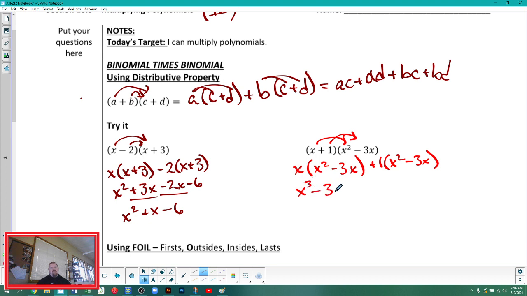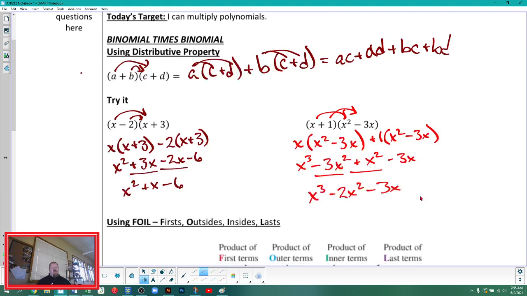X times -3x is negative 3x squared. 1 times x squared is x squared, and 1 times -3x is -3x. So these are all the terms that I get. Now I want to try to combine the like terms. Those are still right in the middle. -3 and positive 1 are going to give me -2x squared. And so that's what I get there.